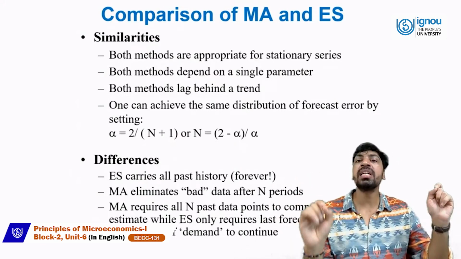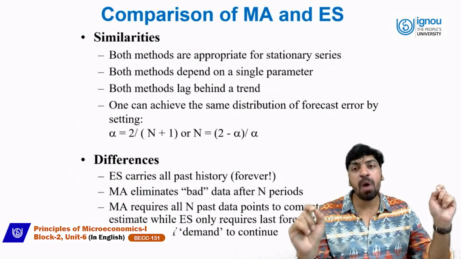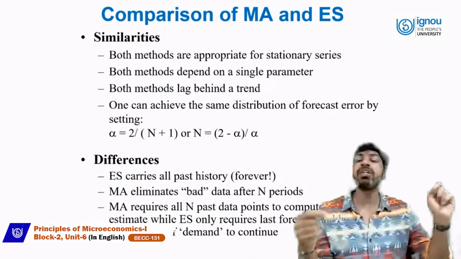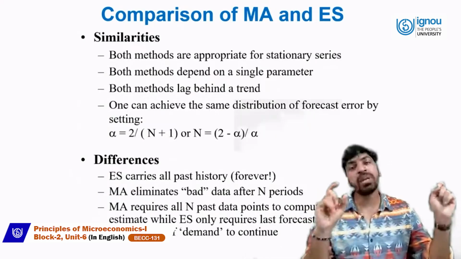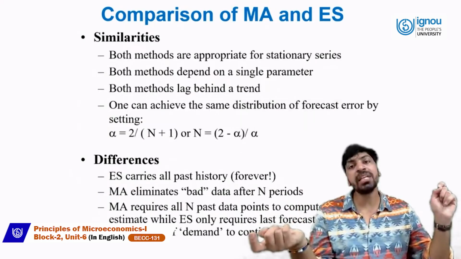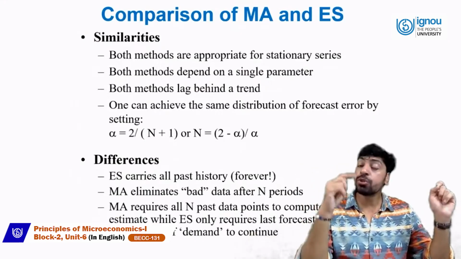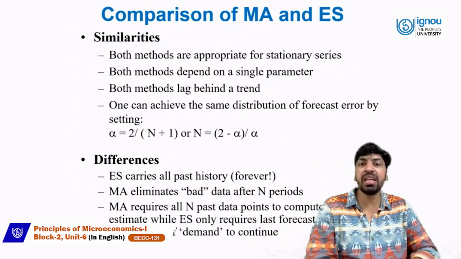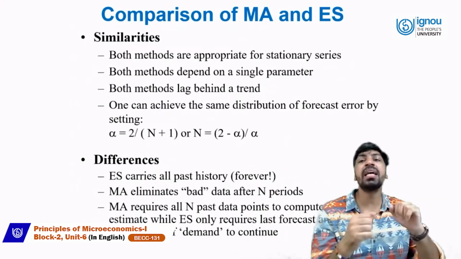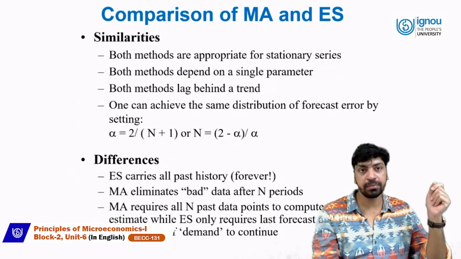But moving average requires a number of the last periods. So if you calculate the two-period moving average, you need to calculate a new forecast estimation based on the last two periods. So this is a huge difference between the moving average and the exponential smoothing.